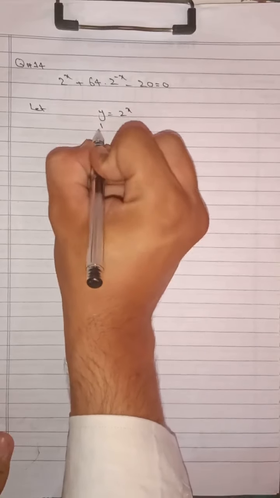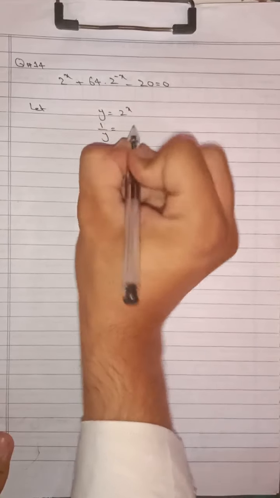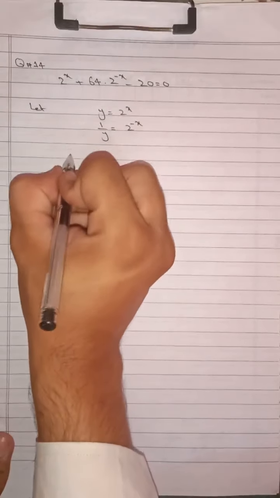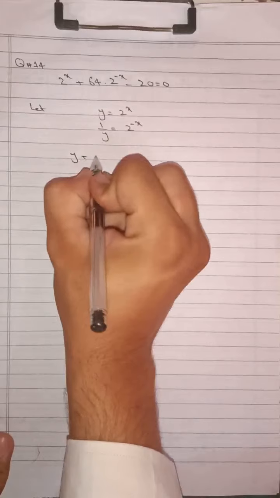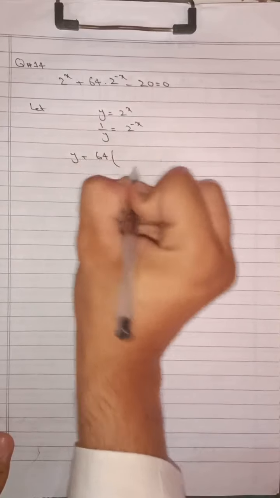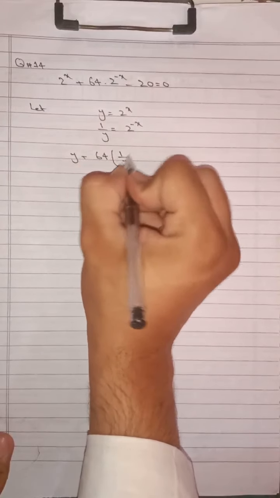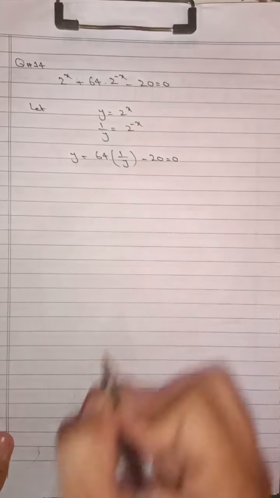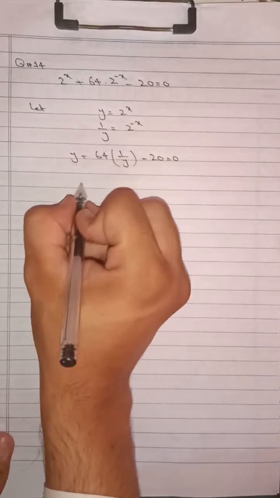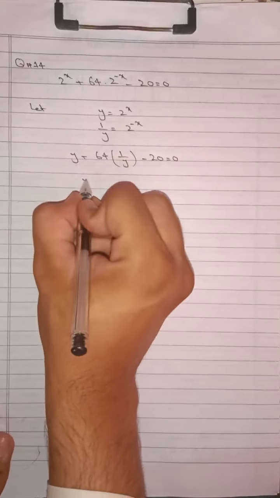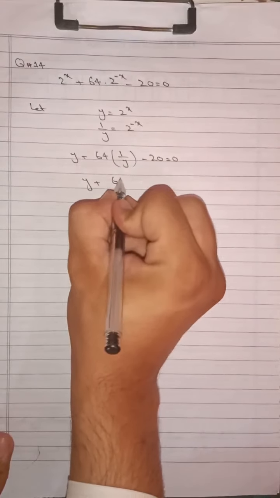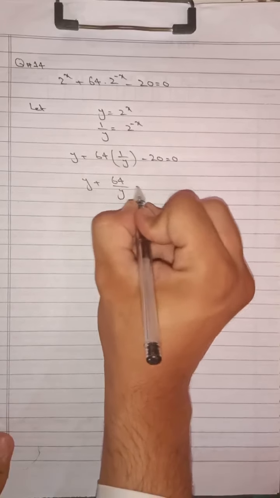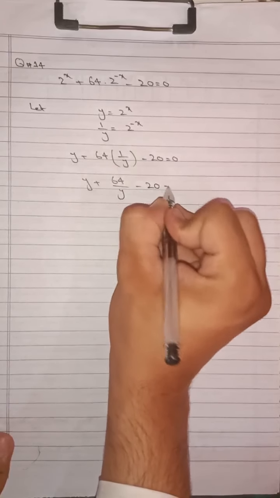It means 1 by y will be 2 power minus x. y plus 64 into 1 by y minus 20 equal to 0. y plus 64 over y minus 20 is equal to 0.